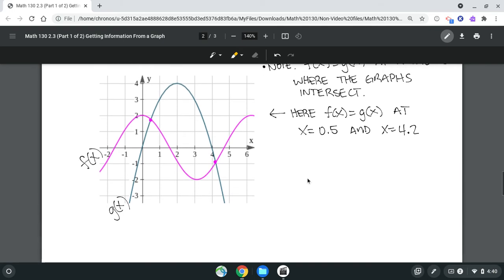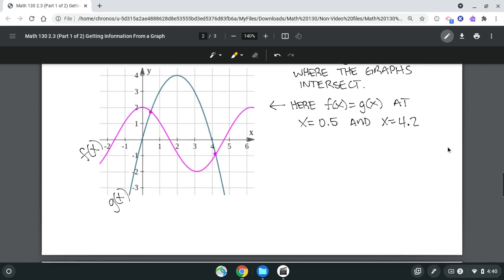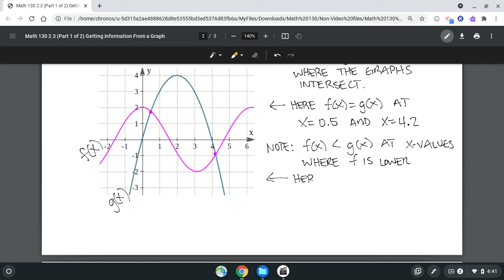And then over here, f of x is less than g of x at x values where f is lower.